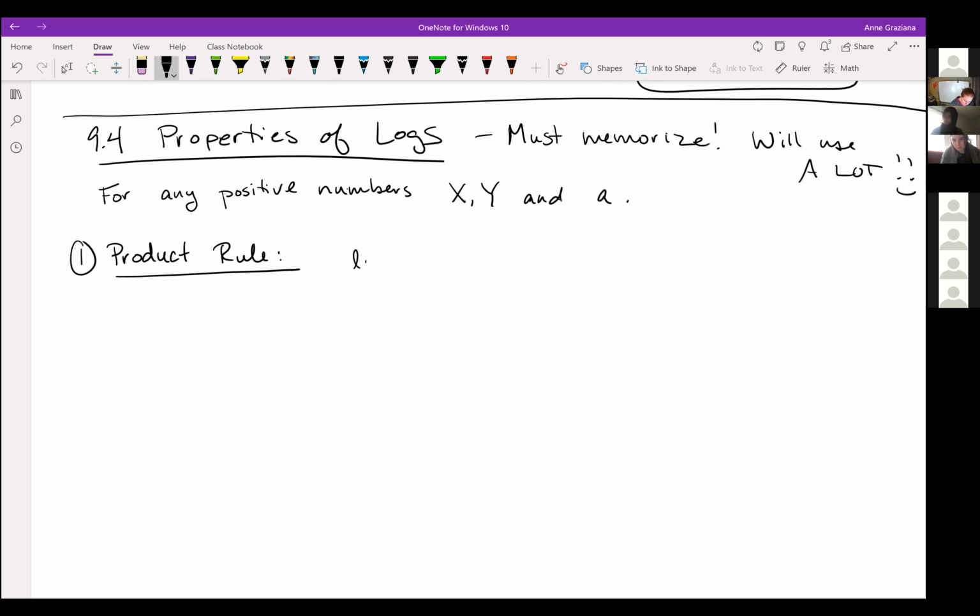And the product rule says that if I have log base A of 2 things multiplied together, I can expand this into log base A of X plus log base A of Y. Okay, we can take 2 things multiplied together on the input and break it up into an addition problem.